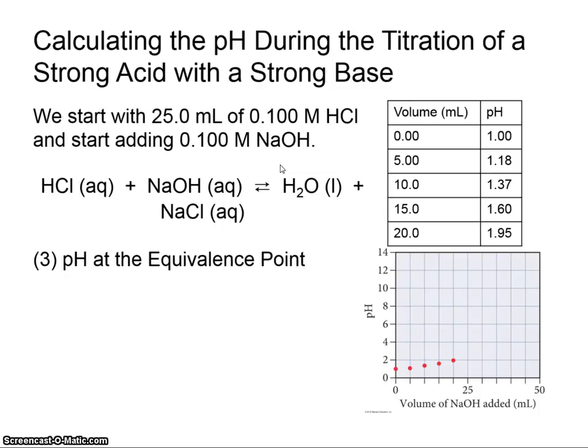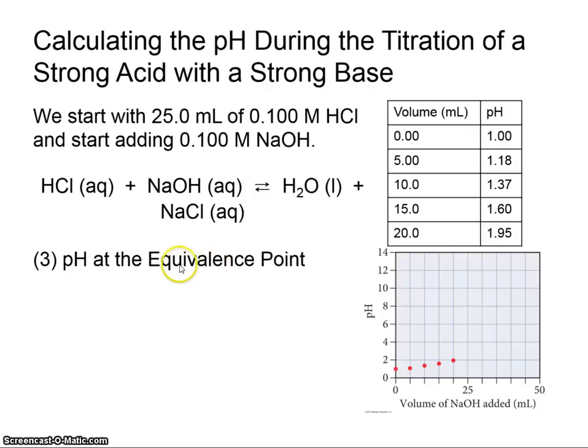We figure out how many moles of H plus we have left over, divide by the new total volume, and we get the pH, 1.18. We can do this for 10 milliliters, 15 milliliters, 20 milliliters. I've got less and less H plus in more and more water, so my concentration of H plus is going down, so my pH is going to go up.